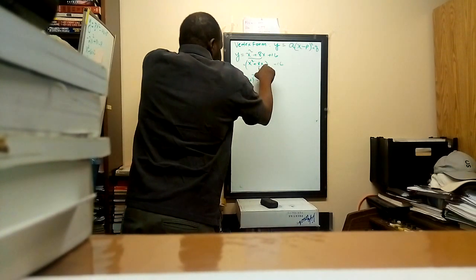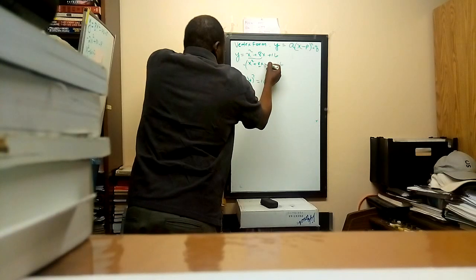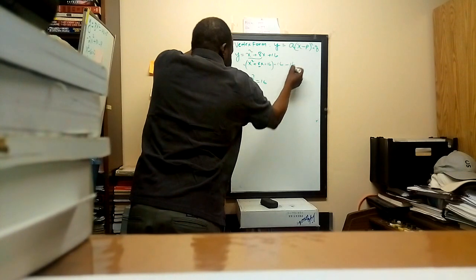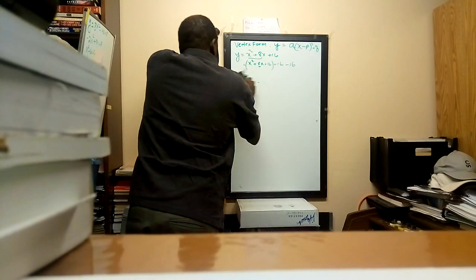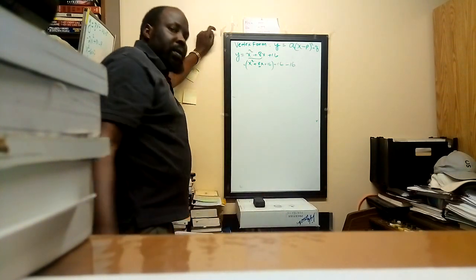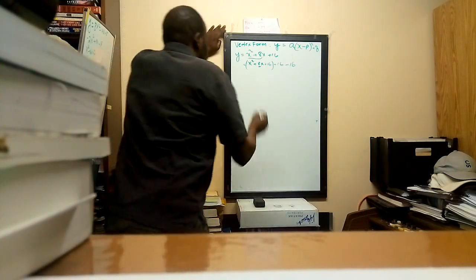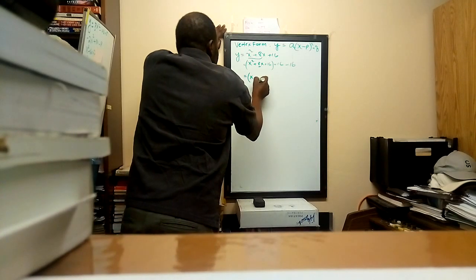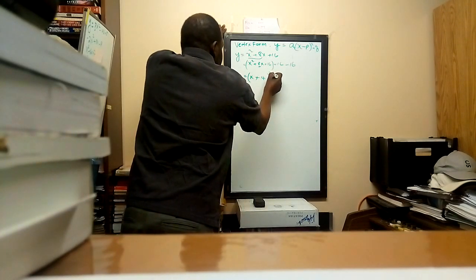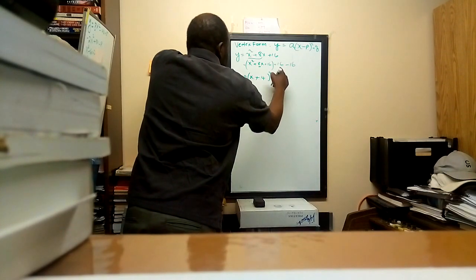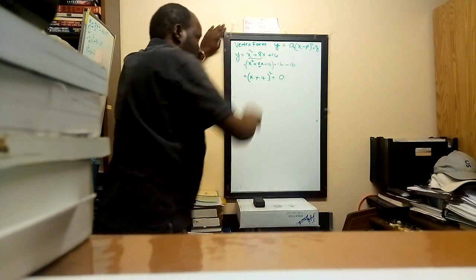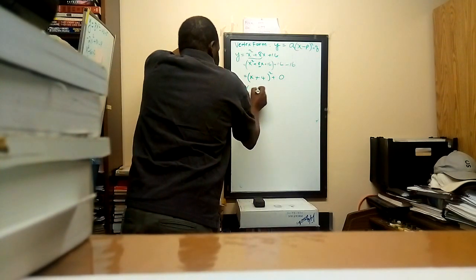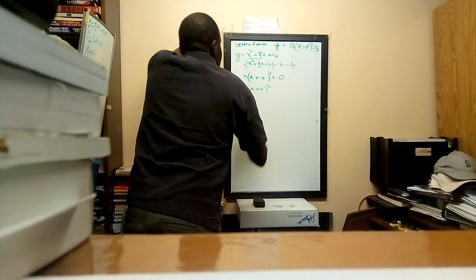It's 16. We add it here and subtract it there. So we have (x plus 4) squared plus 16 minus 16, which is 0. That means q is 0. So finally we will have (x plus 4) squared.